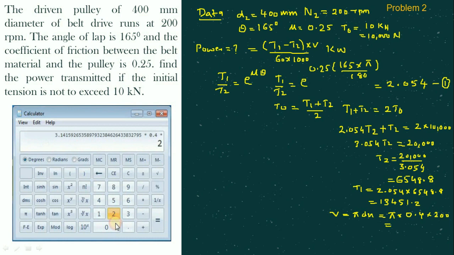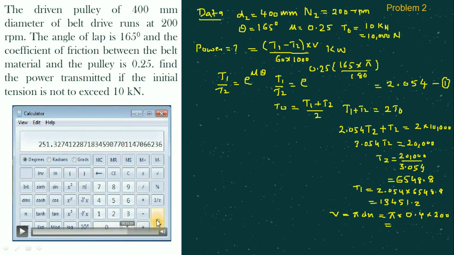Pi into 0.4 multiplied by 200 equal to, so I think some error is there in this video calculator. So it comes out to be 251.32. So this is the velocity.